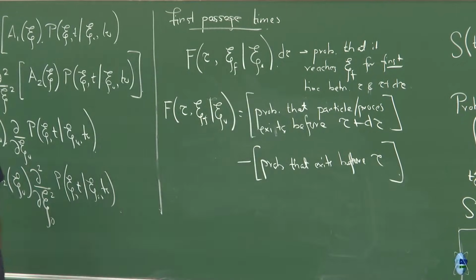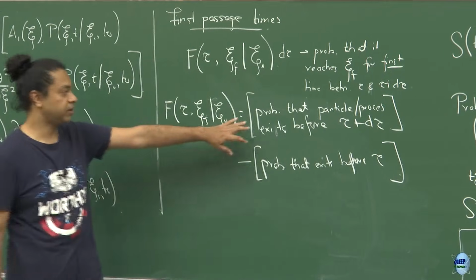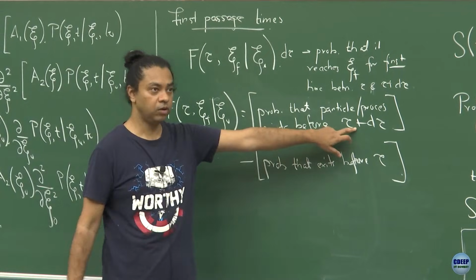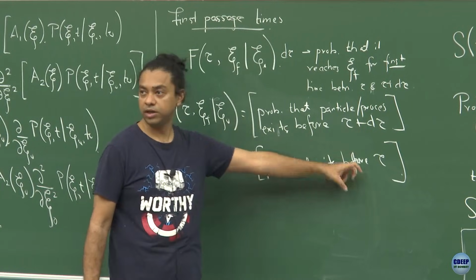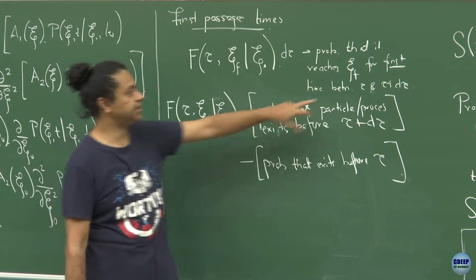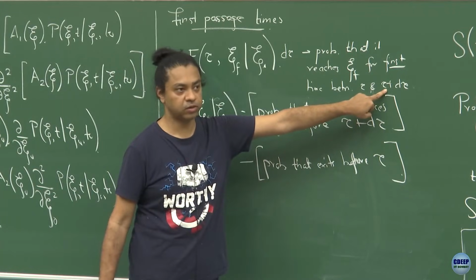Okay. So if I think of these two probabilities, that it exits before tau plus d tau, subtract it from the probability that it exits before tau, that leaves me the probability that it exits in this time interval, tau and tau plus d tau, right?